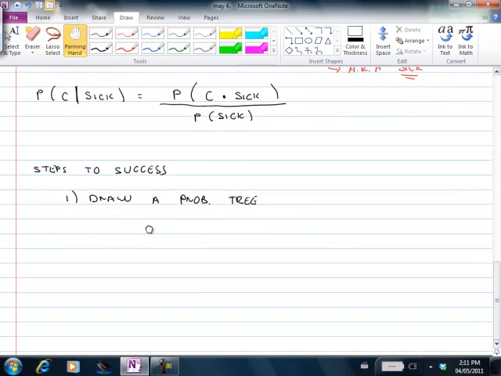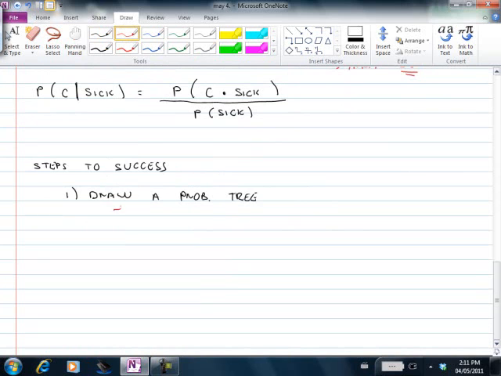This is key. The first branch must always be about the disease. So the first branch must always be about the disease.